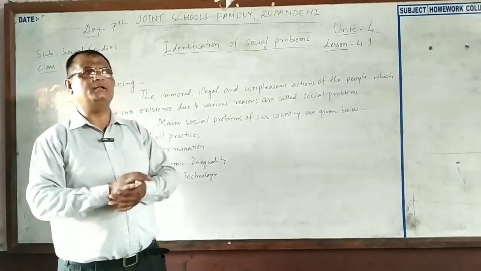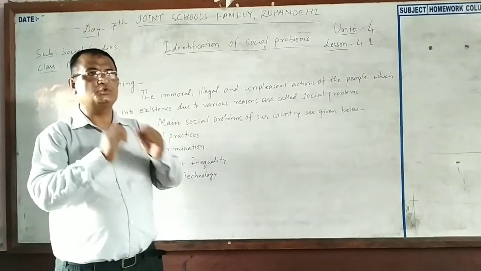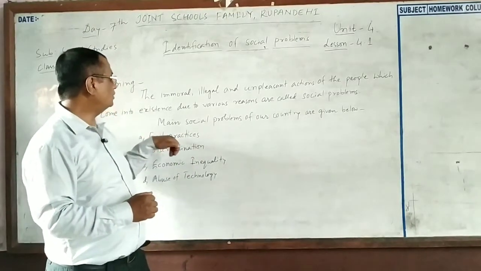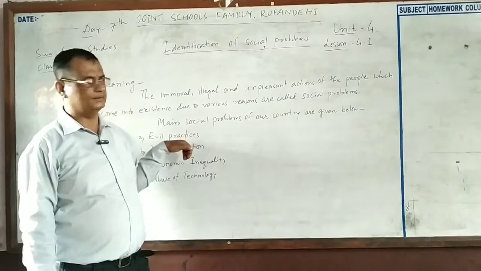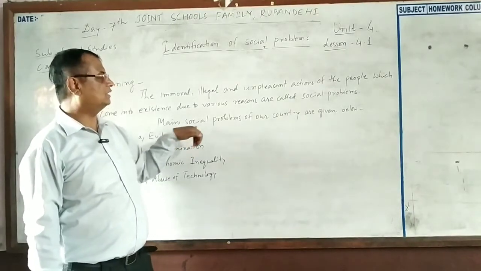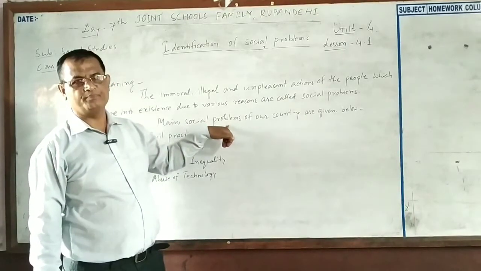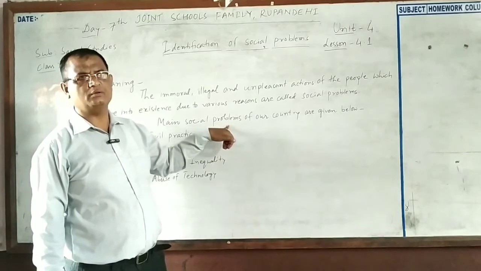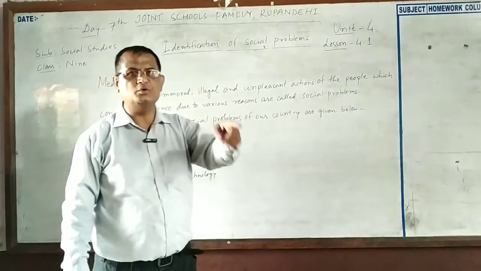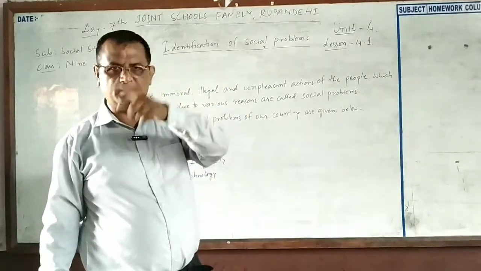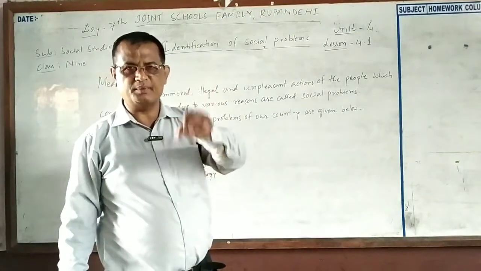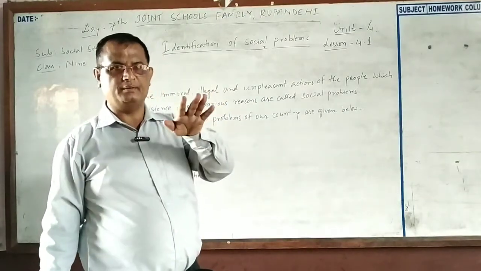So this became a problem in the society. These are some of the evil practices which are social problems. Social problems are not only created by me and you, they are created by the people of our country, people of our community.